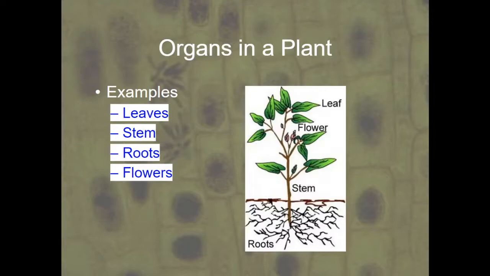It's very, very different, but at the same time, these things have different tissues in them, allowing them to do what they need to do. For example, a stem has to have that vascular tissue on the inside, epidermal tissue around it. So there's a lot of different tissues there in these structures. So we would call them organs.